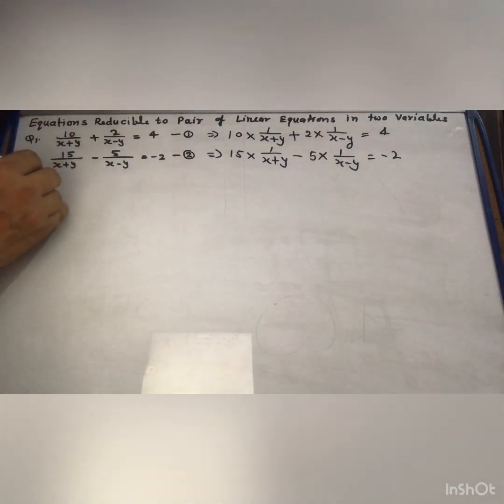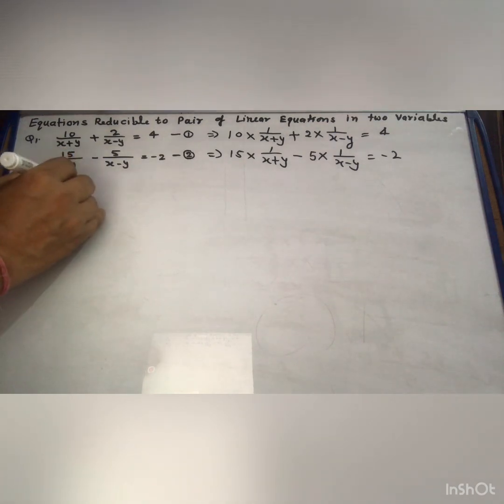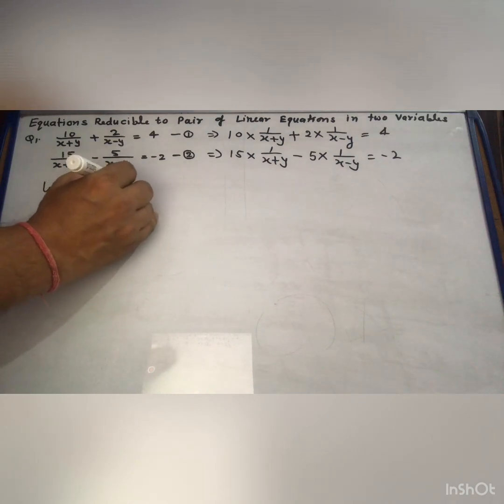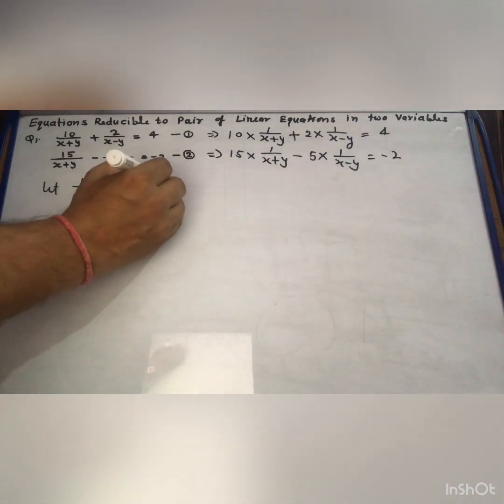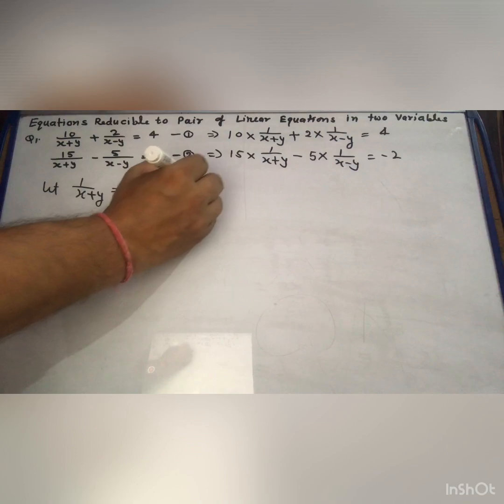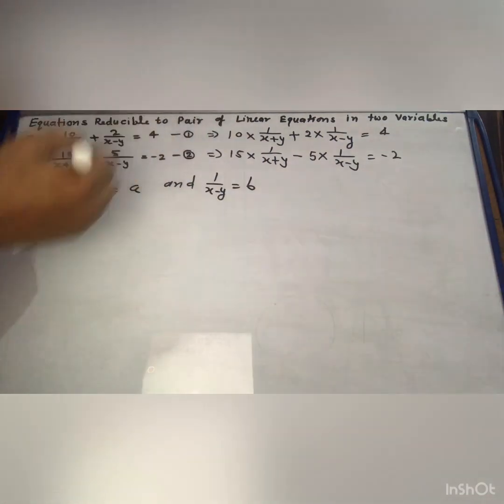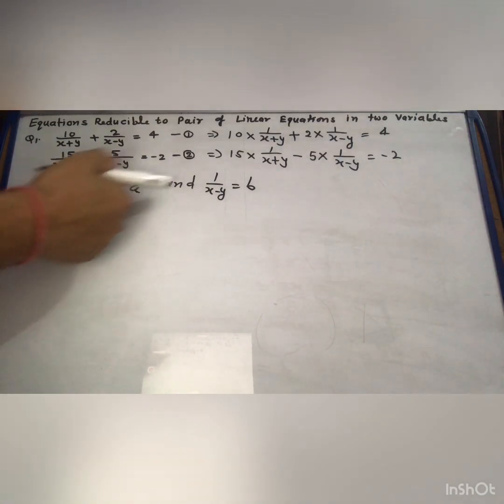So let us write it as: let 1 upon x plus y equal to a and 1 upon x minus y equal to b. Now you substitute these values in the given equations number 3 and 4. What do you get?